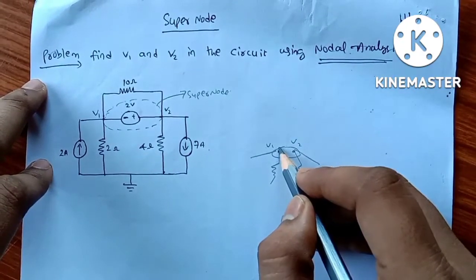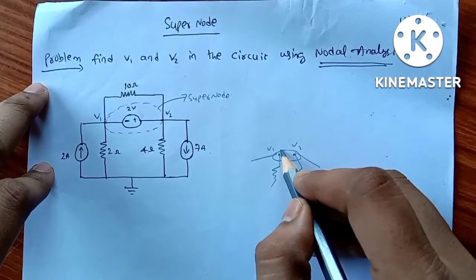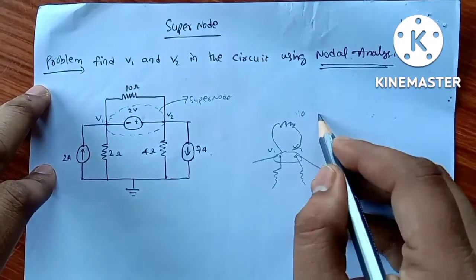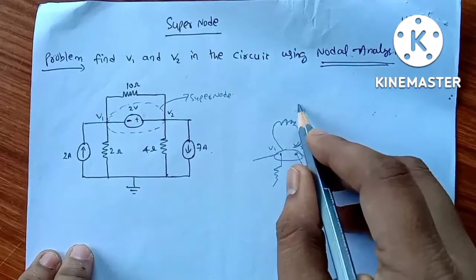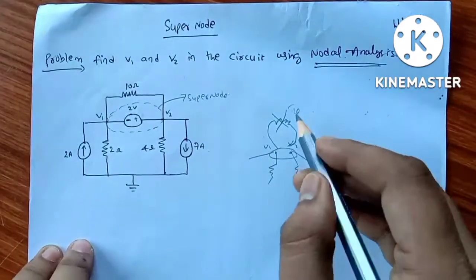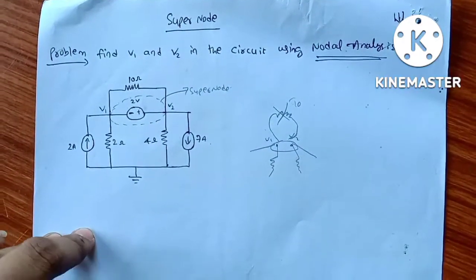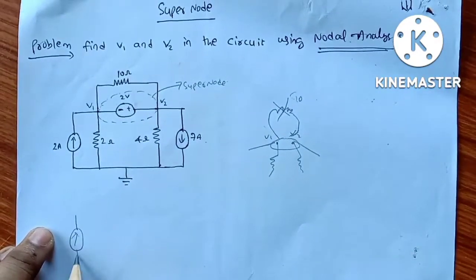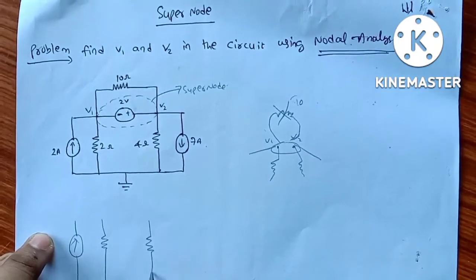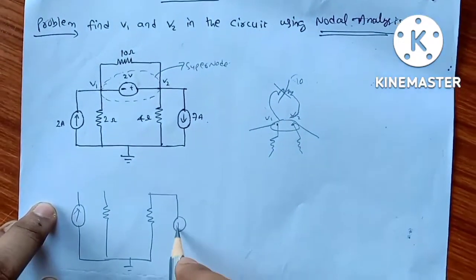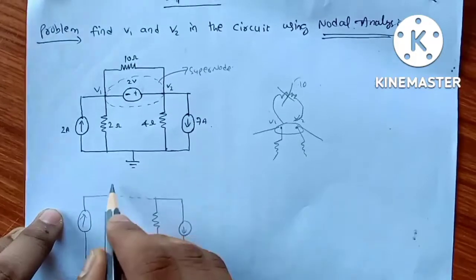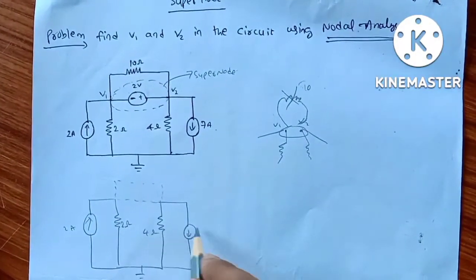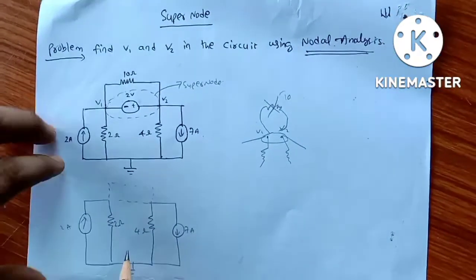Here this 10 ohms is connected from a single node, so this won't make any sense, so we are removing this 10 ohms. So if we redraw the circuit, it looks like this.